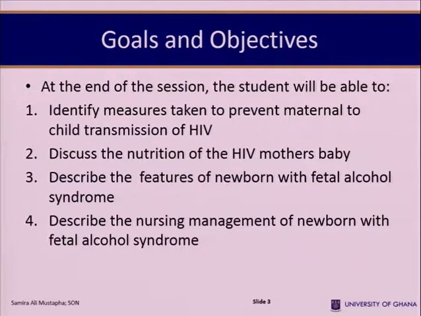Our goals and objectives. You should be able, at the end of this session, to identify measures taken to prevent mother-to-child transmission of HIV, discuss the nutrition of the HIV mother's baby, describe the features of fetal alcohol syndrome, and describe the nursing management of fetal alcohol syndrome.